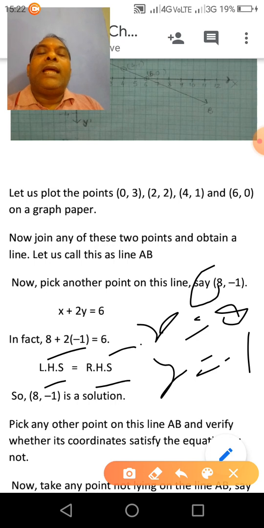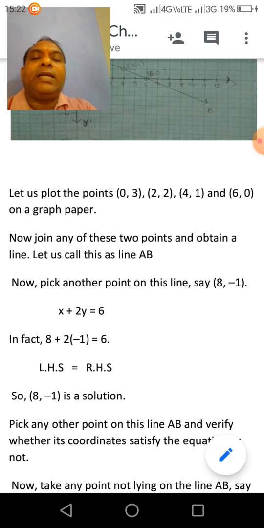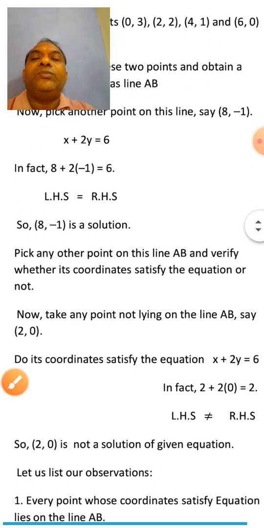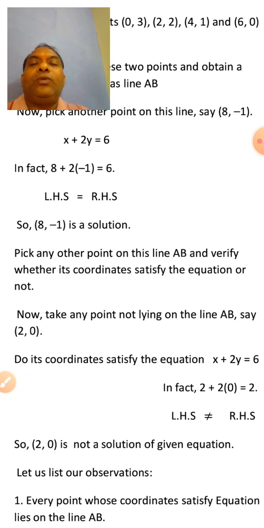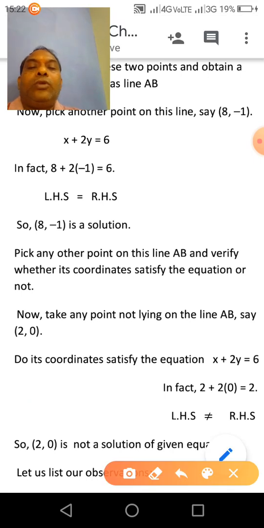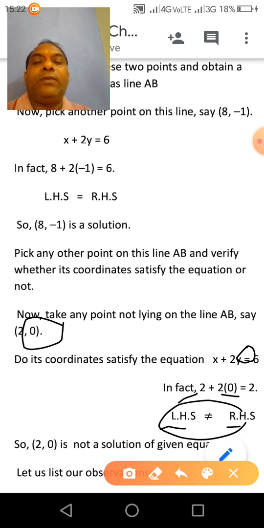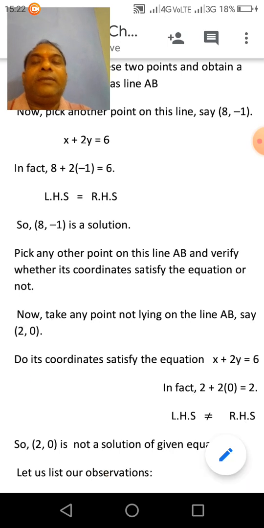So (x, y) will be a solution of the given equation if it satisfies the given equation. Now pick any other point, say 2, 0. So you have to check whether 2, 0 is a solution or not. So put x is equal to 2 and y is equal to 0, then LHS is equal to 2, but its RHS is equal to 6. So LHS is not equal to RHS. So we can say that 2, 0 is not a solution of the given equation, clear.